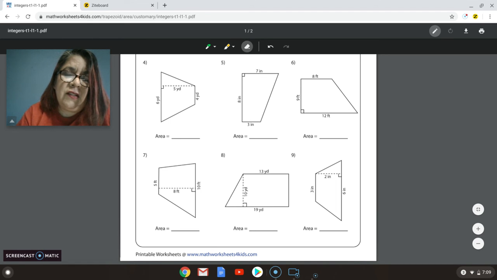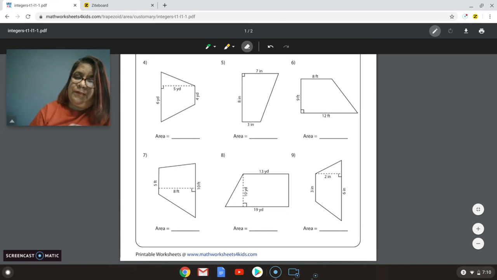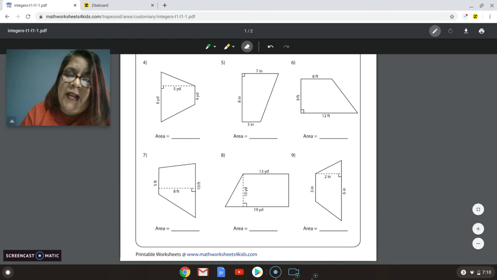Good. In order of operations, what do the parentheses mean that we do? Good. So what units of measure is this problem going to be expressed in?